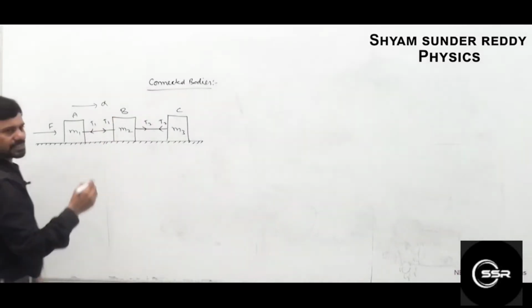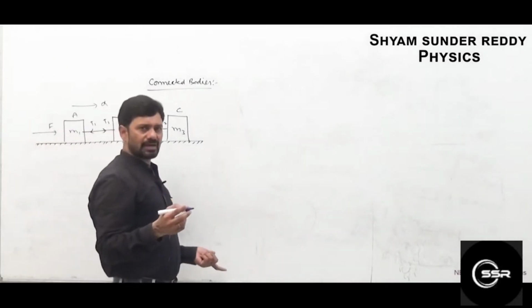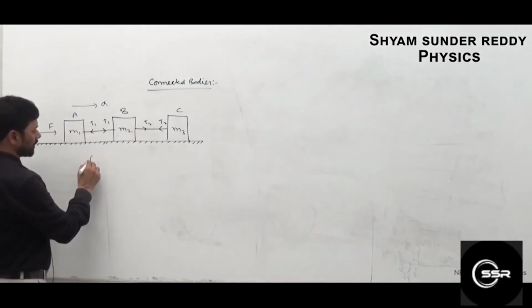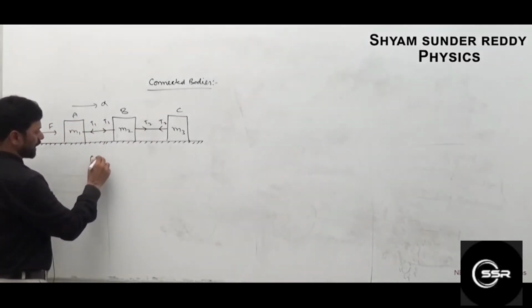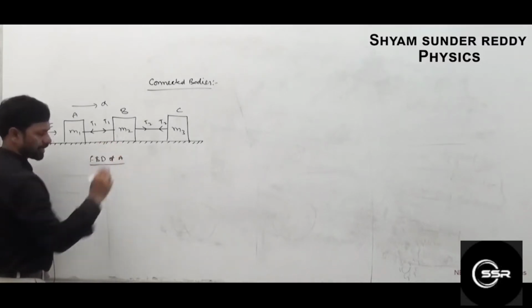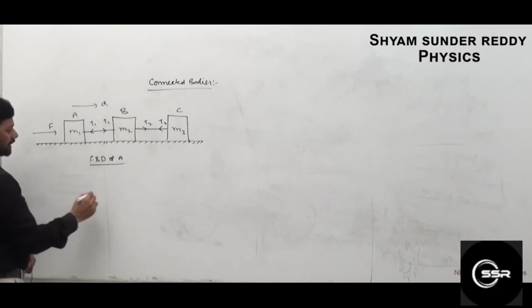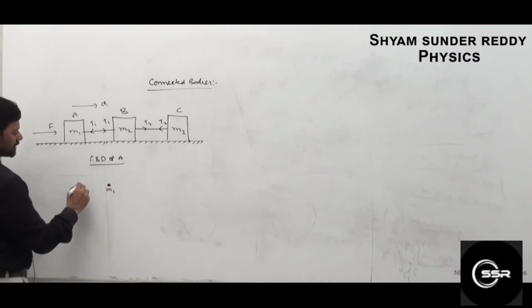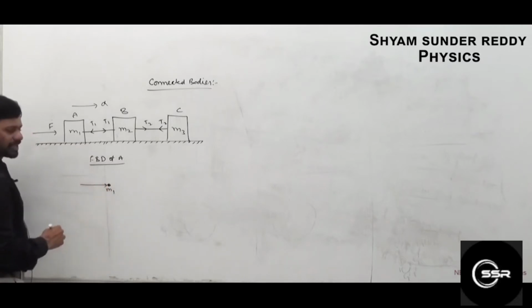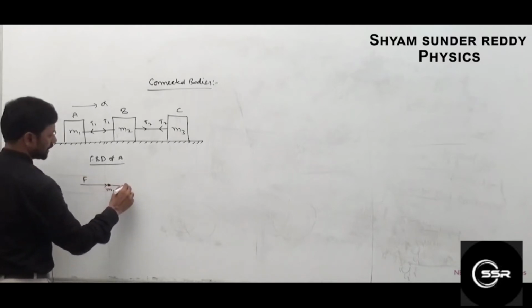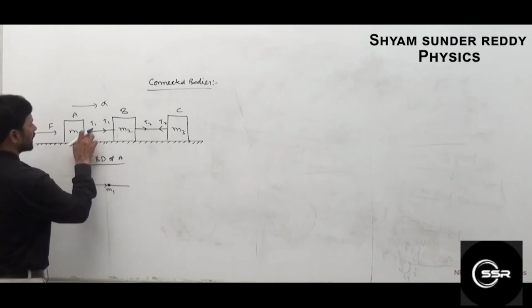For this we need to find the FBD of M1. FBD, free body diagram, FBD of A. Here M1 is taken as a point mass. On this, a force is working in this direction and tension is there like this.